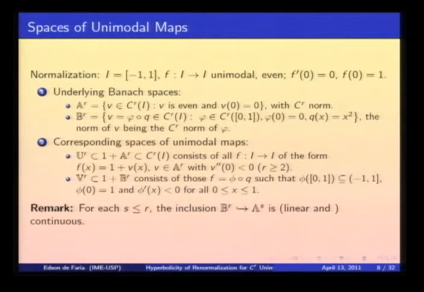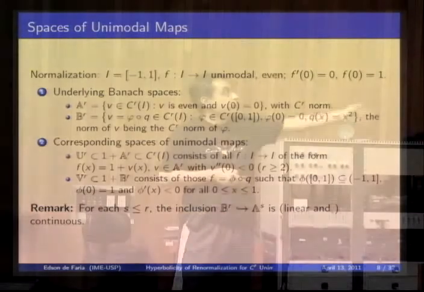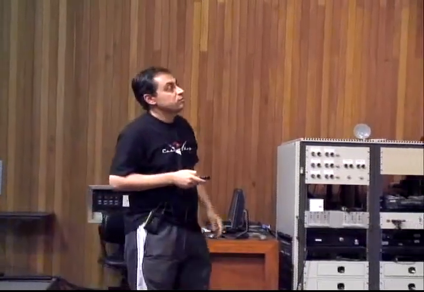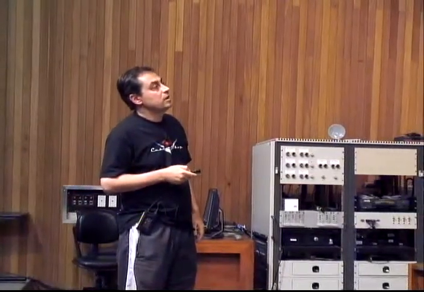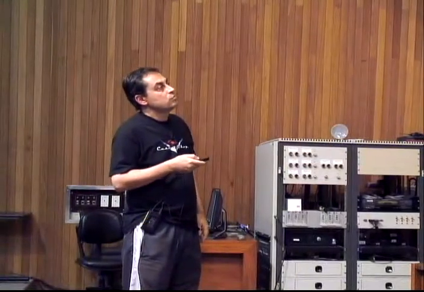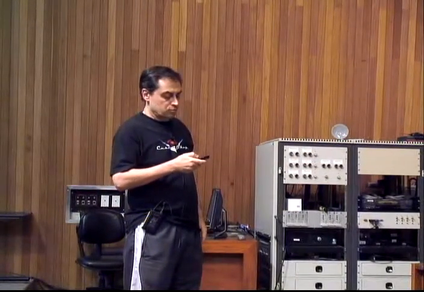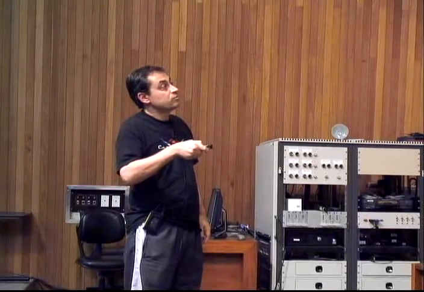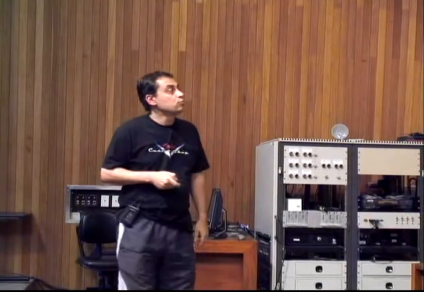So we just have to think of U_r as the space of C^r unimodal maps like the ones that I drew there, which are even, okay? And they also have to have the second derivative strictly less than 0 at the critical point. So this, in fact, requires r to be at least 2, okay?